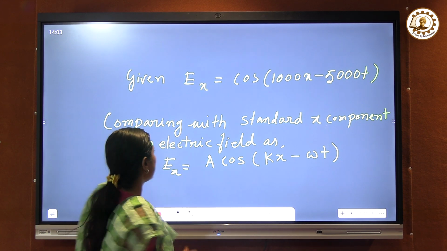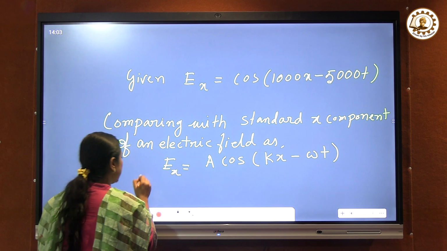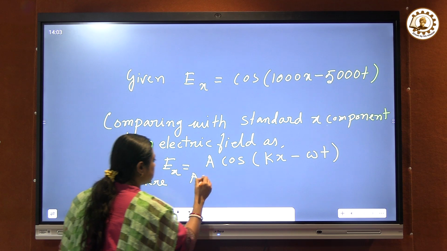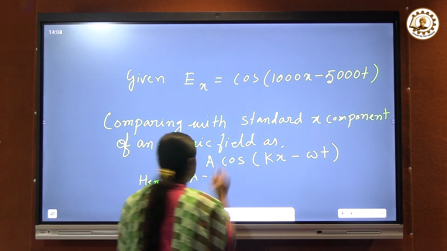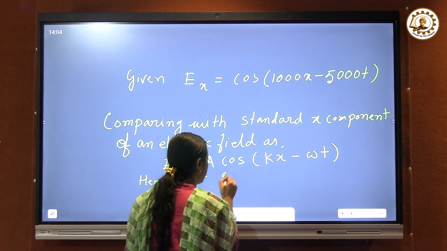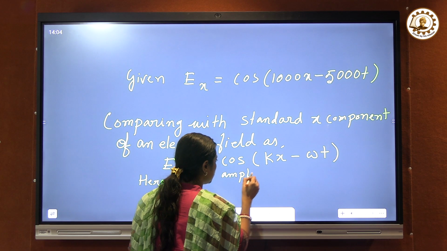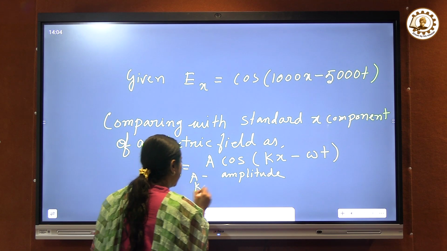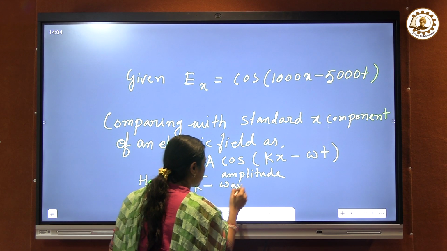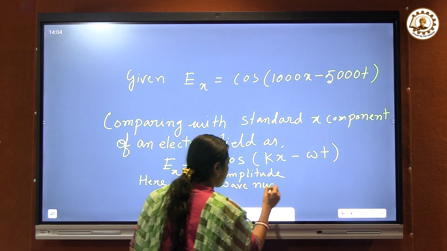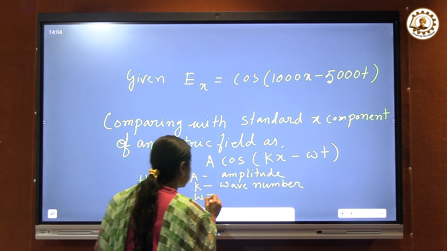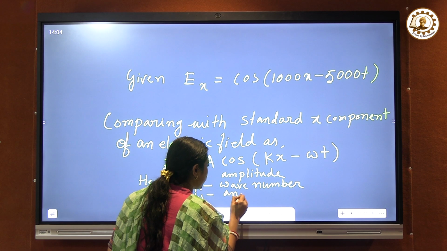Here A is the electromagnetic wave's amplitude, k is the wave number, and omega is the angular frequency.